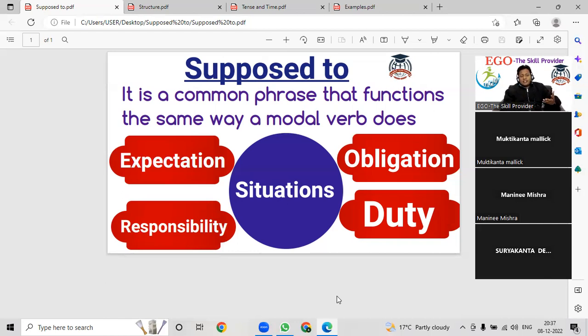Sometimes you expect something, sometimes there is a responsibility, there is duty, and there is obligation. There are four kinds of situations. And believe me, without using any kind of modal verbs, you can use a single phrase. And what is that? Supposed to, which can cover up all the modals. There is no need of using a modal.